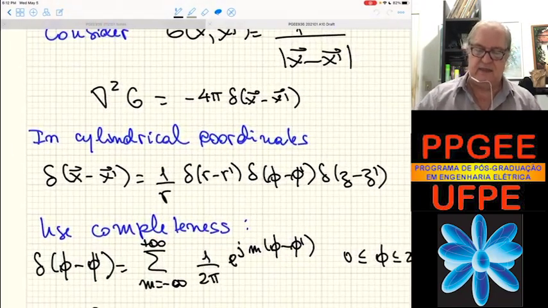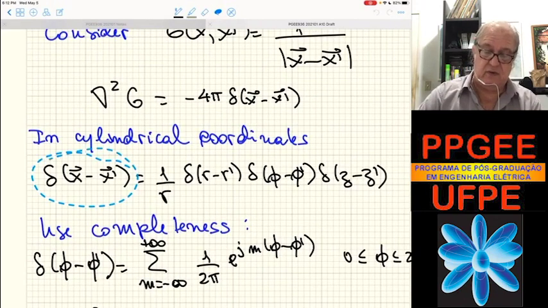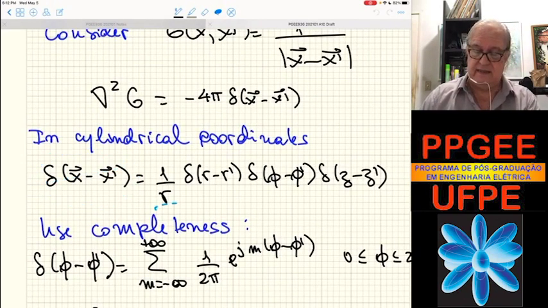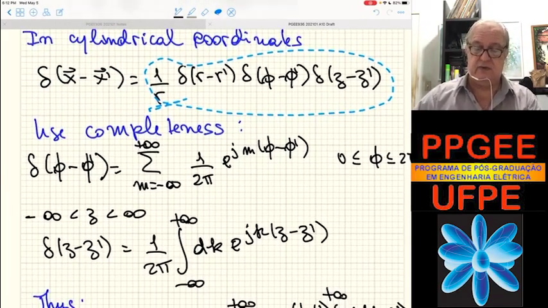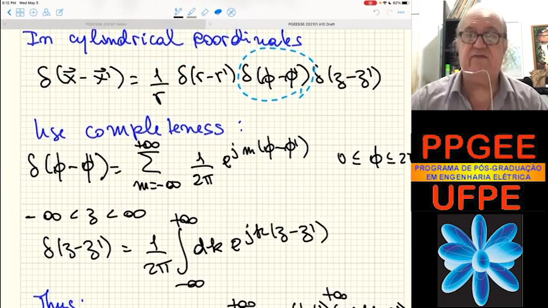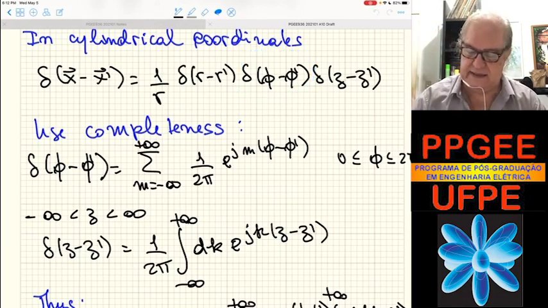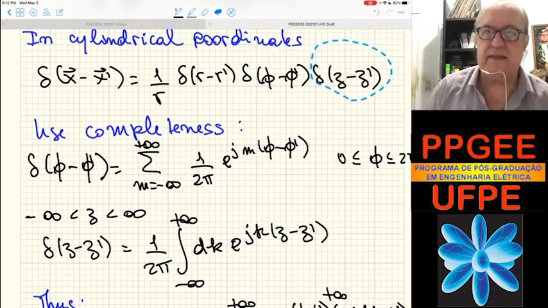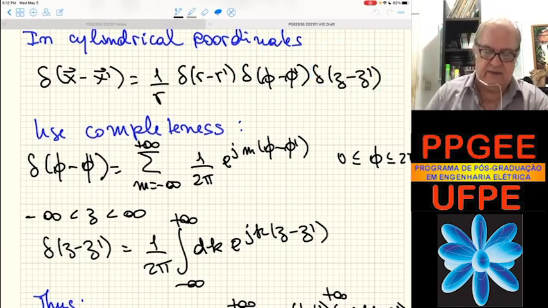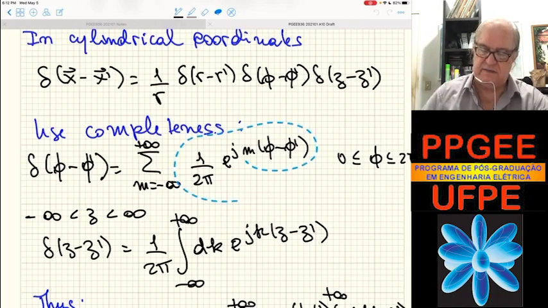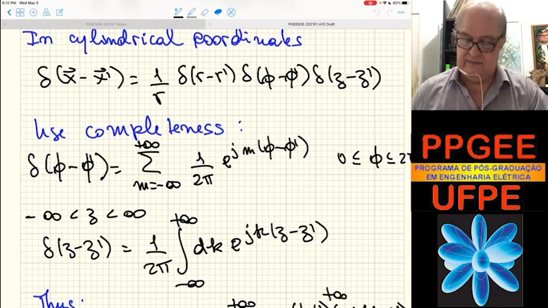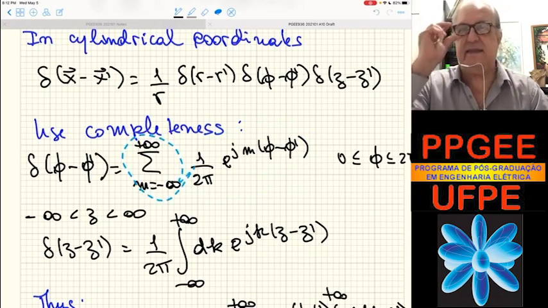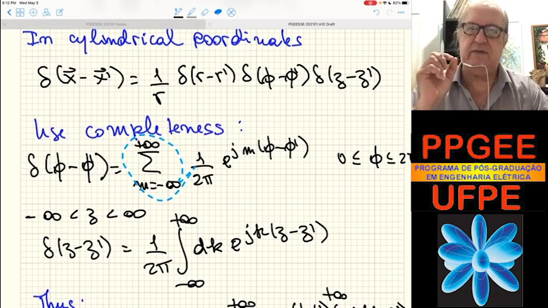Let's decompose the delta function in cylindrical coordinates, right? That's the decomposition. Let's use the completeness relations so we can expand the phi dependence and the z dependence using complex exponentials. Well, we have a completeness relation in terms of the phi functions, right? Why a sum? Because in this case the domain is limited between 0 and 2 pi.